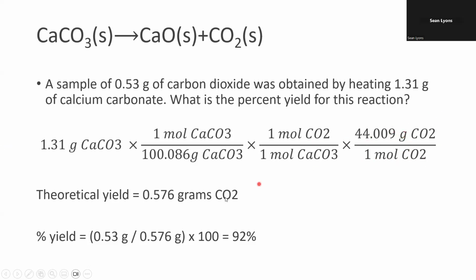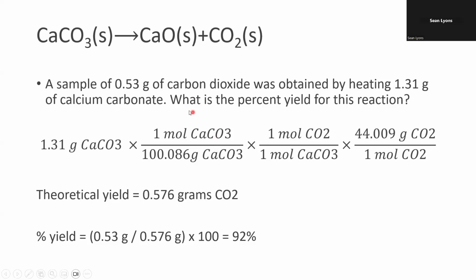If we go through and actually do that calculation, paying attention to sig figs, because we've got 3 sig figs in the starting mass, so we want 3 sig figs in our theoretical yield, we could theoretically produce 0.576 grams of carbon dioxide. And again, that's kind of the best case scenario according to the law of conservation of mass in terms of this reaction being as efficient as possible.